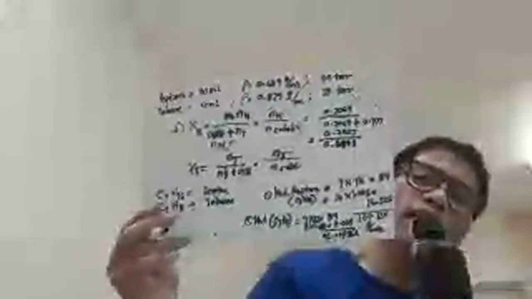So 0.2064 divided by 0.6838. So our mole fraction is 0.3023. Wow, 0.3023.